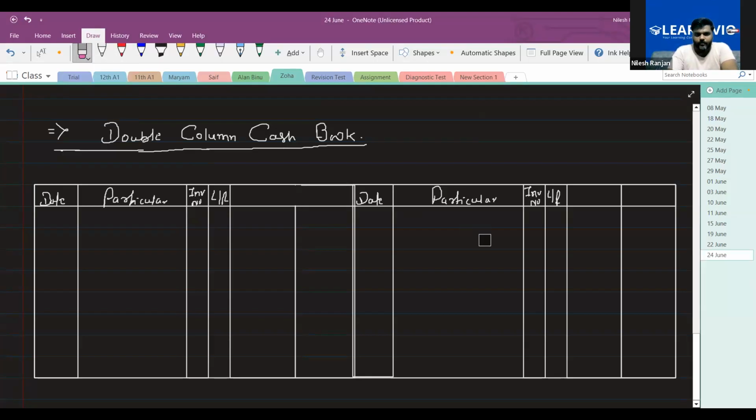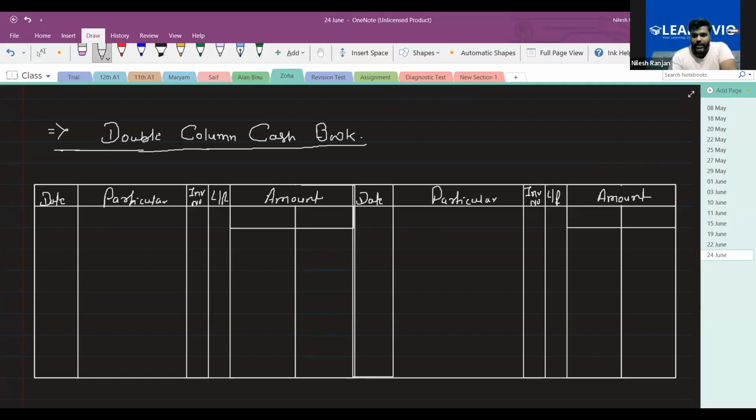There are two types of amount. So here it will be amount and amount. Now, what are these two columns?